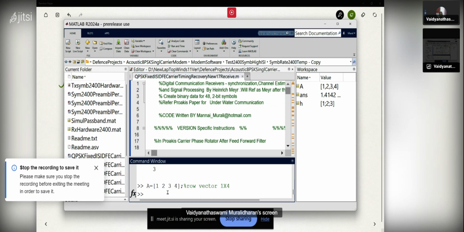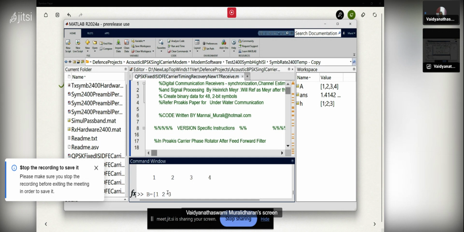We will display what A is. So 1, 2, 3, 4. It is a row vector because there is only one row and four columns. Then we will see how we can represent a matrix. Let B equal to 1, 2, 3.